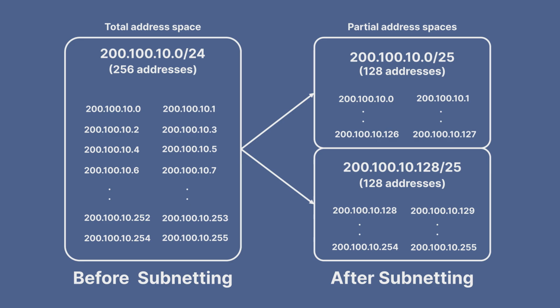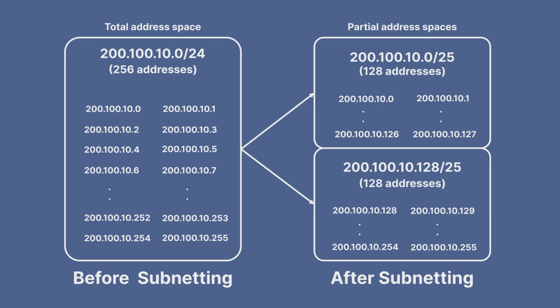Today's topic is the role of the subnet mask. What are the key features of the subnet mask? Now I will explain. The subnet mask is a 32-bit number which separates an IP address into two parts: the network ID and the host ID. It tells the device which part of the address belongs to the network and which identifies the individual device.